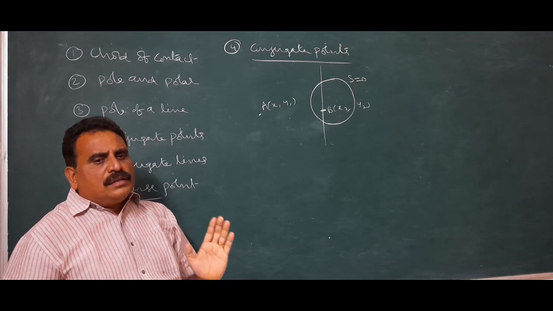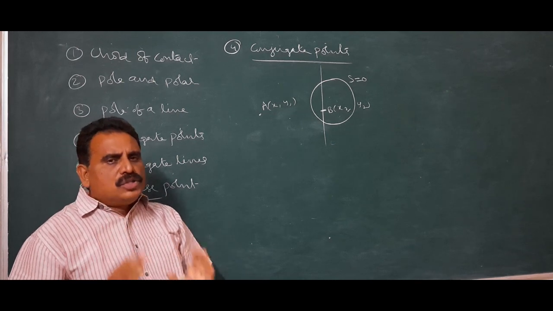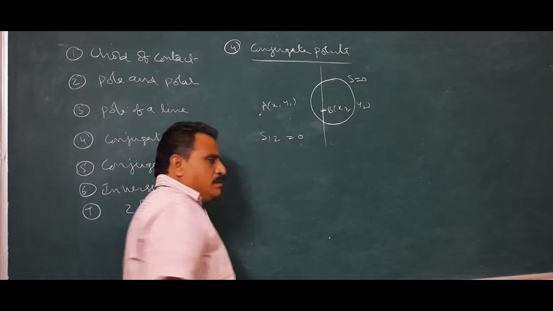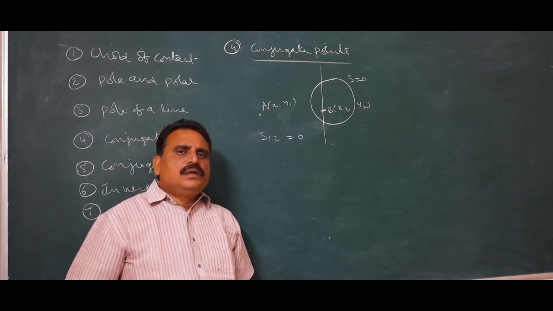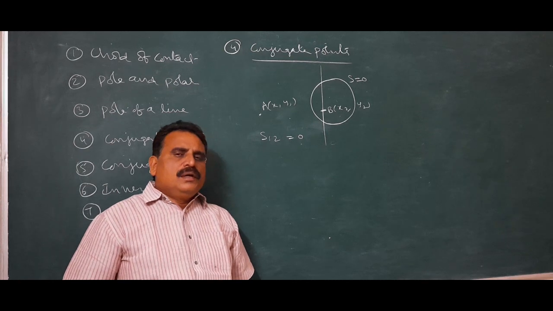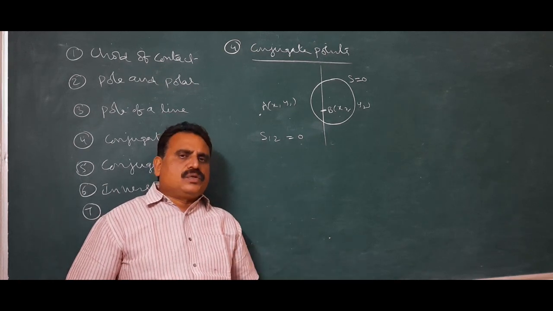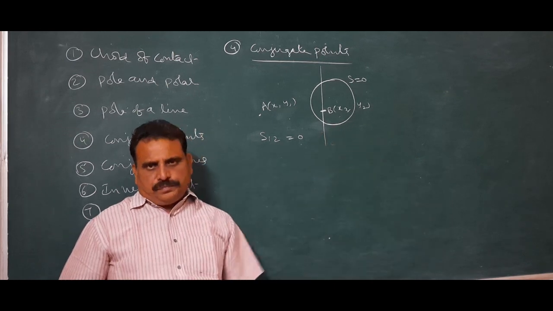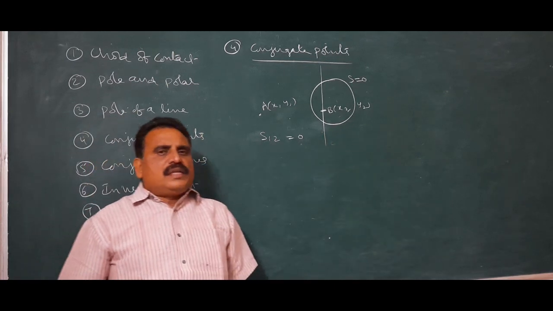The condition that the points A and B are conjugate is S12 equal to 0. That is x1 x2 plus y1 y2 plus g into (x1 plus x2) plus f into (y1 plus y2) plus c equal to 0.